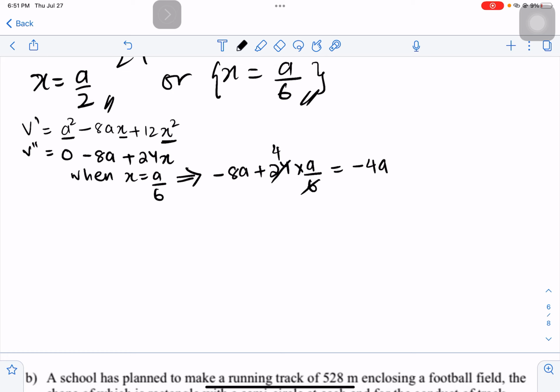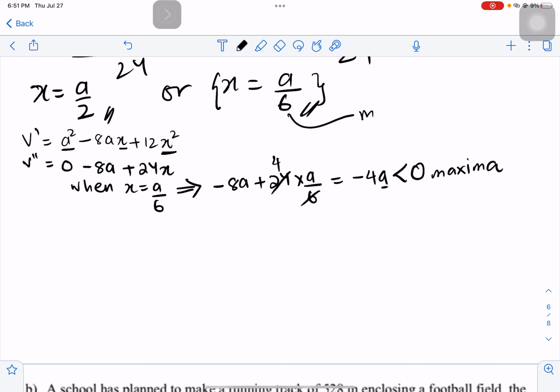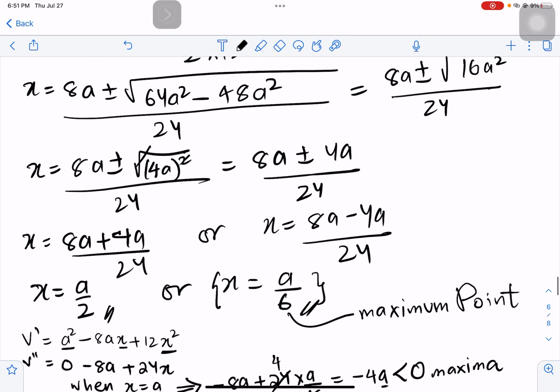Since a is a dimension, it is always positive, so positive times negative is a negative value. A negative value compared with 0 is less, so it's a maximum. Hence x equal to a over 6 is a maximum point, and we have proved it.